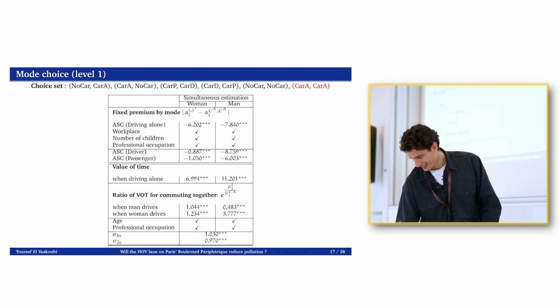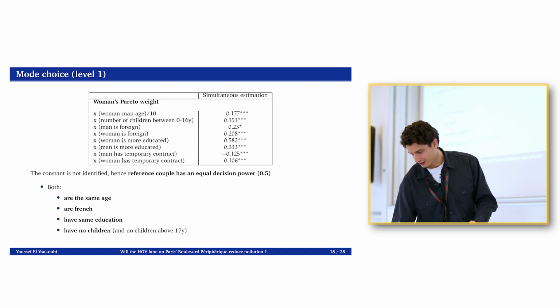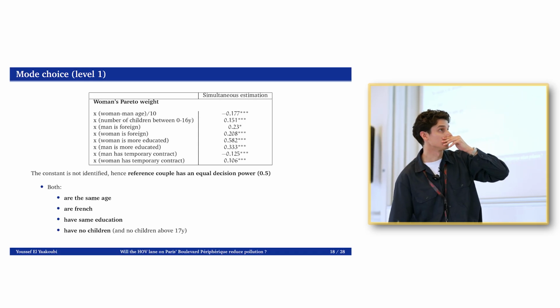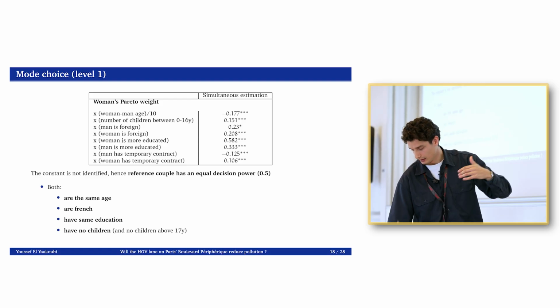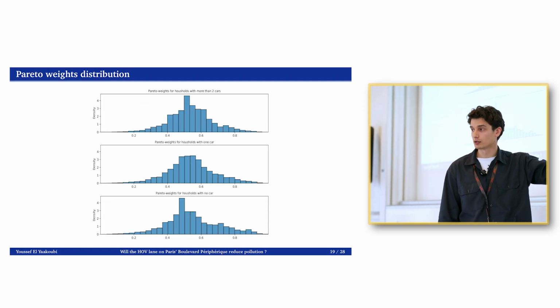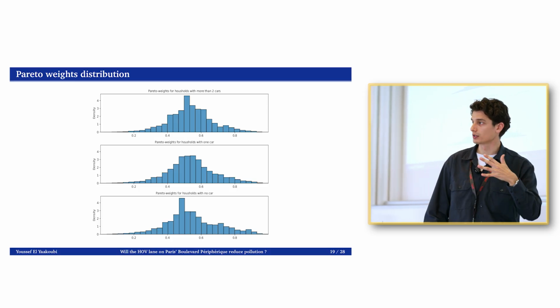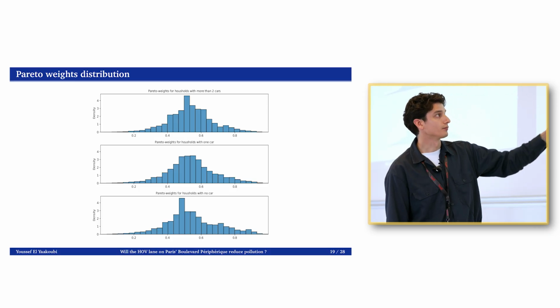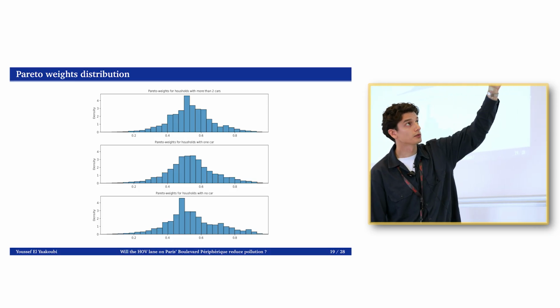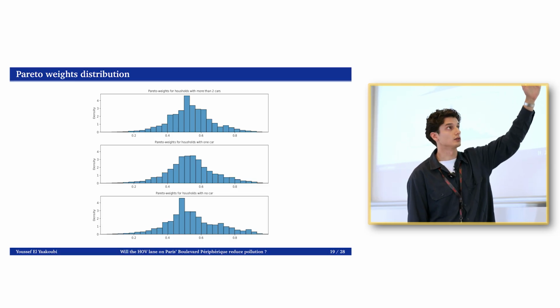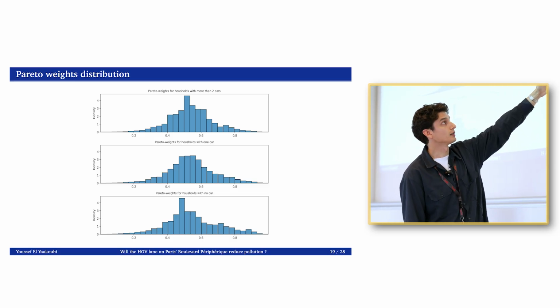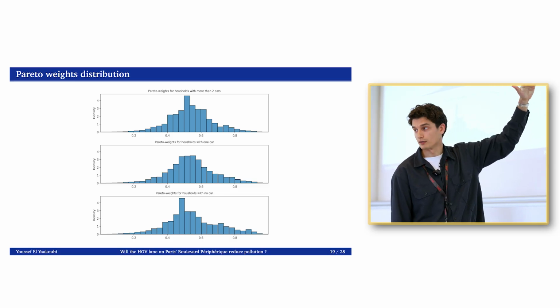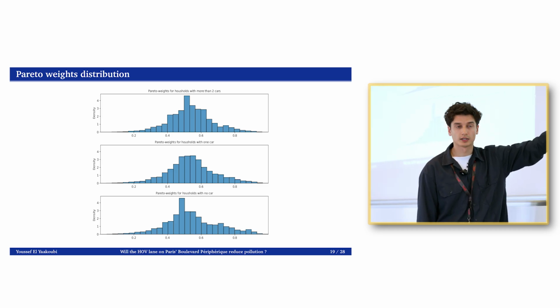And this is the Pareto weight that is estimated. But I go quick on that. Here I represented the distribution of the Pareto weights within all the couples. You have the couples that have 2 or more cars on the upper level there, in the middle the couples that have only one car, and here the couples that have no car.